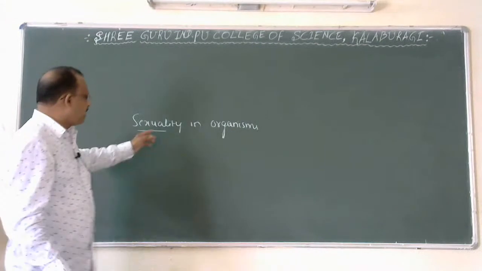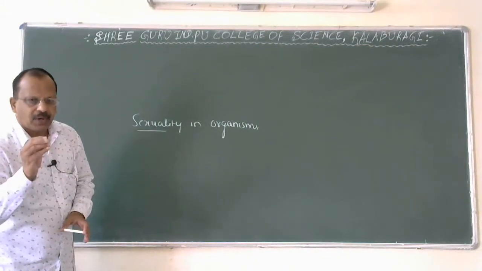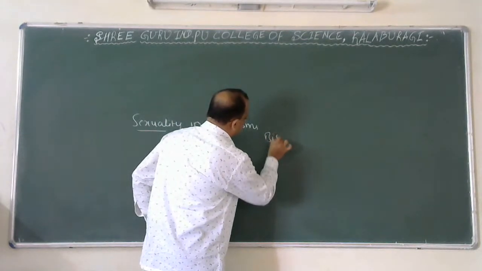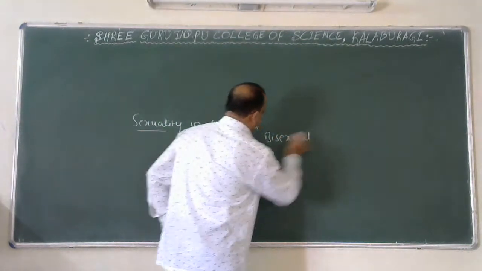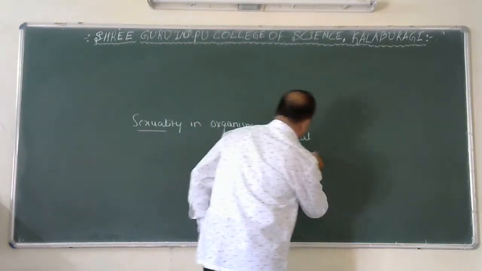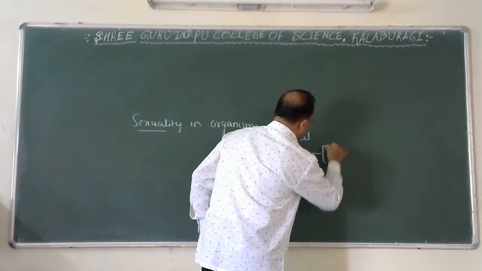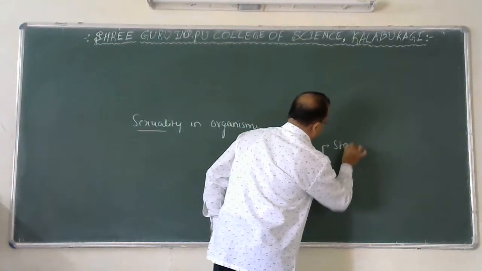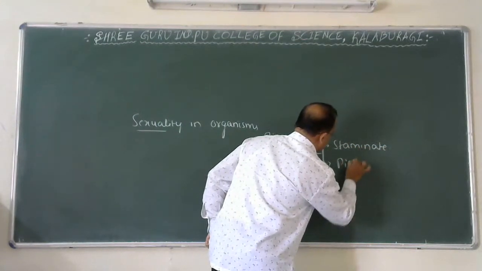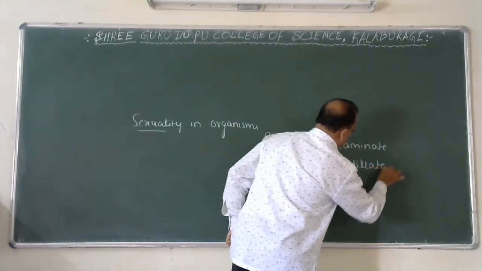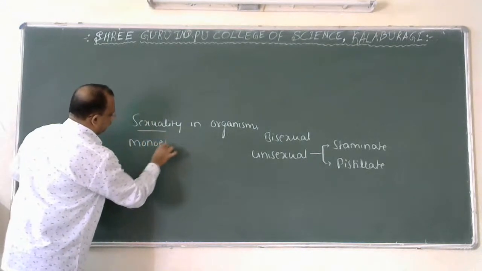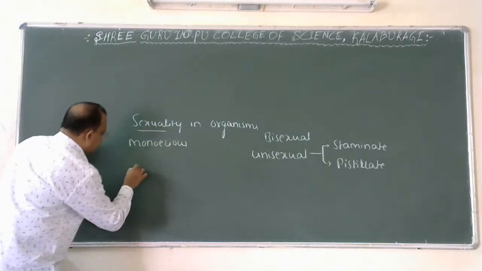Followed by that, the left matter is sexuality in organisms. Under that, you are going to study bisexual, unisexual. Under unisexual, two types: staminate, pistillate, monoecious, dioecious.